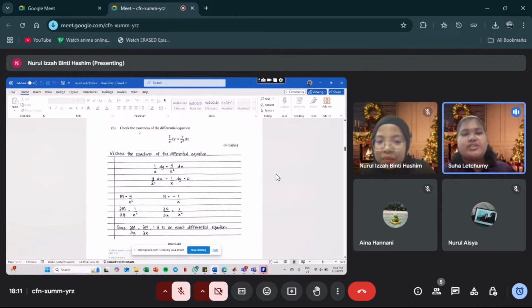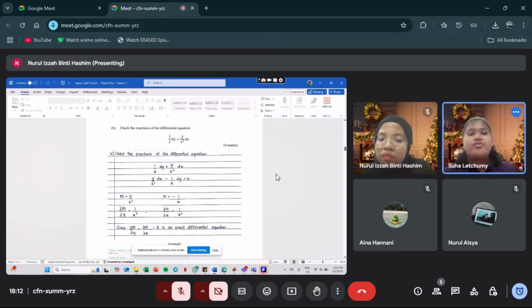For question B, to find the exactness of the differential equation, we need to form the equation so that we will get y over x squared dx minus 1 over x dy equals 0. So we know that M equals y over x squared, so the partial derivative with respect to y is 1 over x squared.